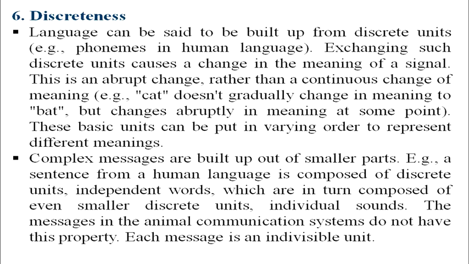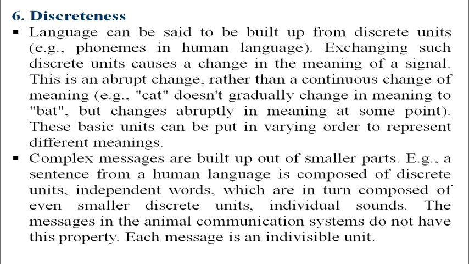The next feature is discreteness. Language can be said to be built up from discrete units, that is, phonemes in human language. Exchanging such discrete units causes a change in the meaning of a signal, that is, an abrupt change rather than a continuous change of meaning.